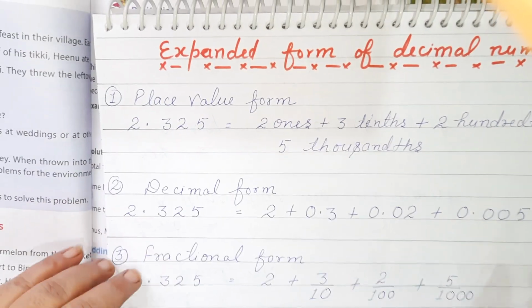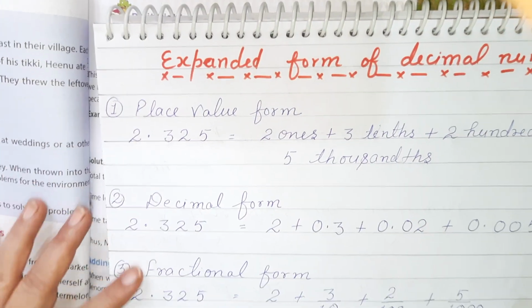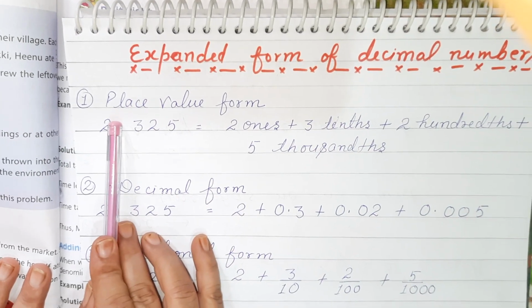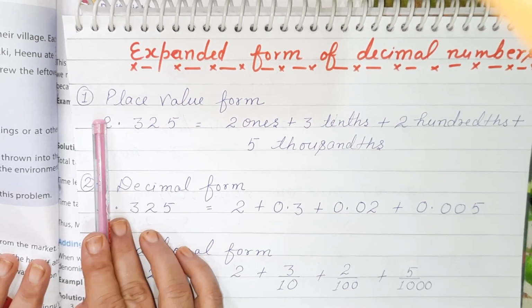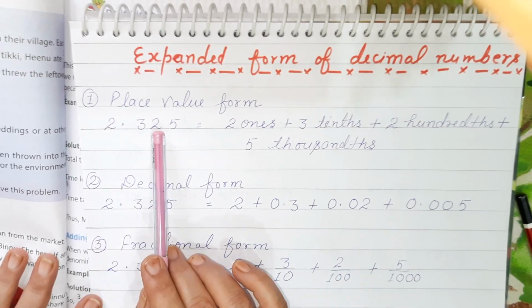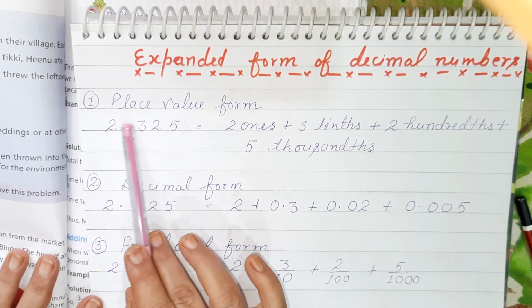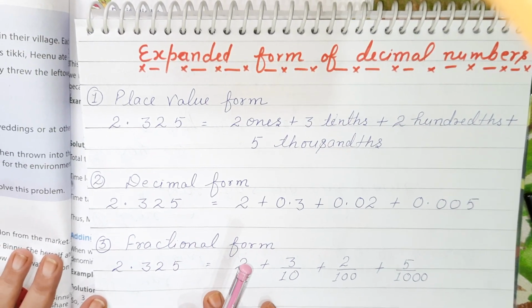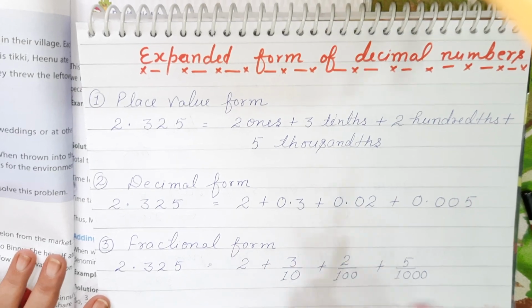These are the 3 forms, and with the help of these 3 methods we can expand decimal numbers. Students, it is enough for today. Learn all these points and it is your homework. Good day.